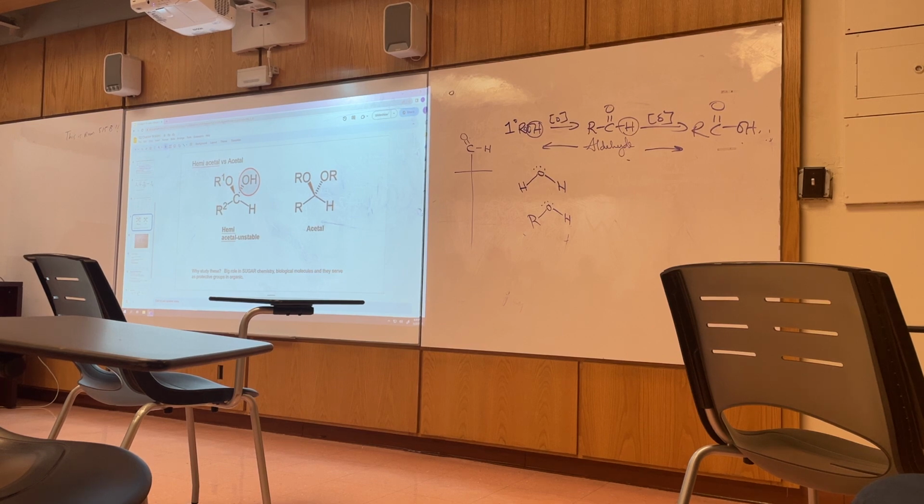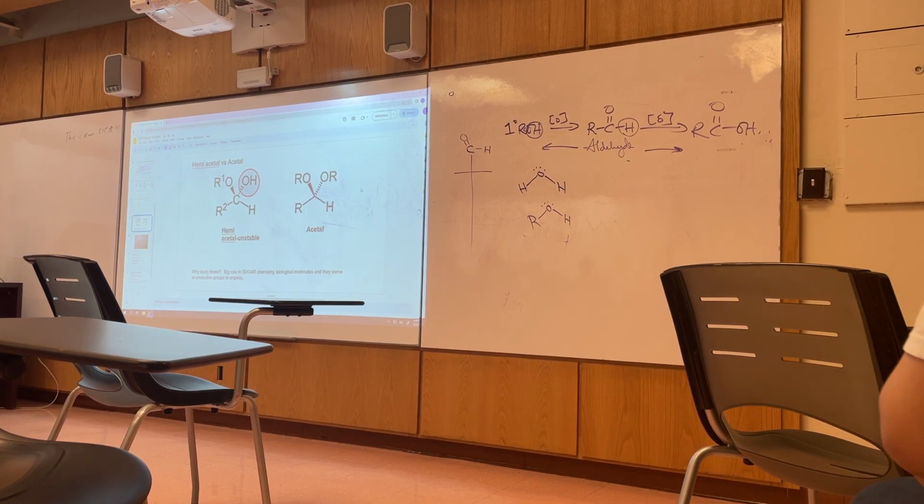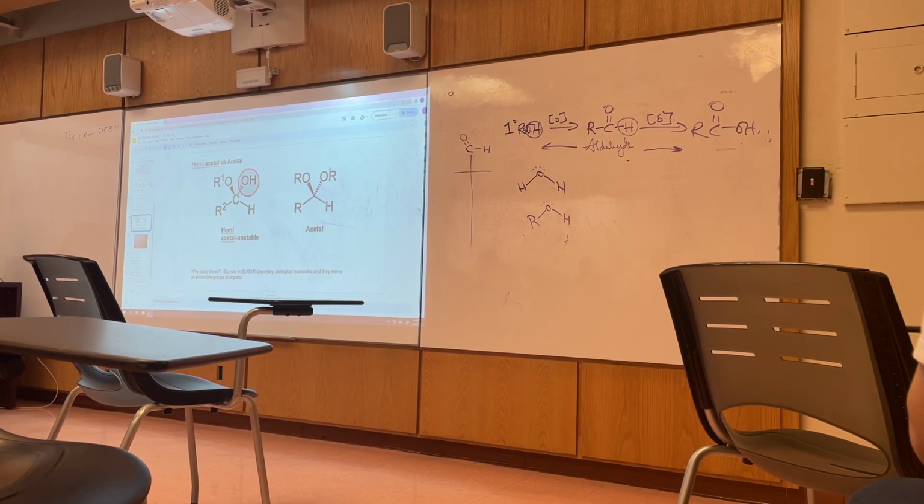So we make this first with 1 mole of alcohol, and then we add a second mole of alcohol. So to get this acetal, how many alcohols do you need? 2, right? And you see on the product, here's one of them, here's the other guy, right? ROH, that's where the alcohols went. So in order to get acetal, you need 2 alcohols. In order to get hemi, you need 1.